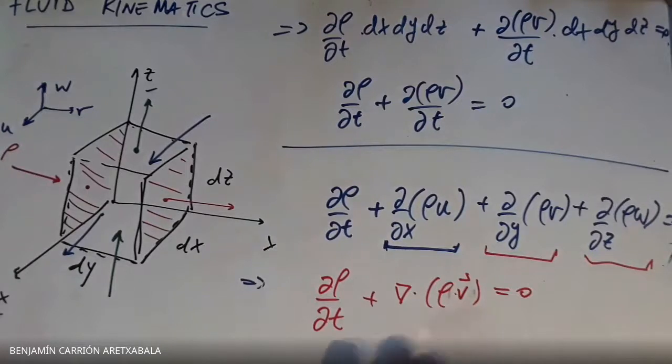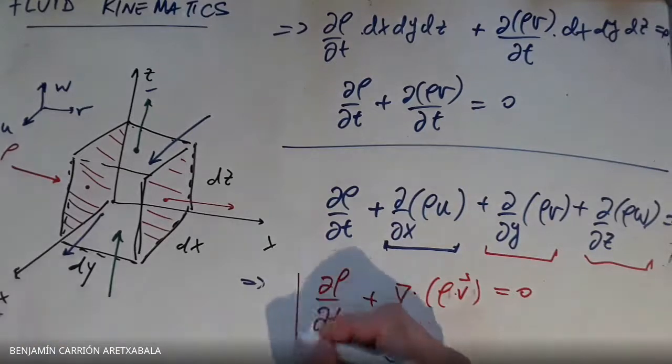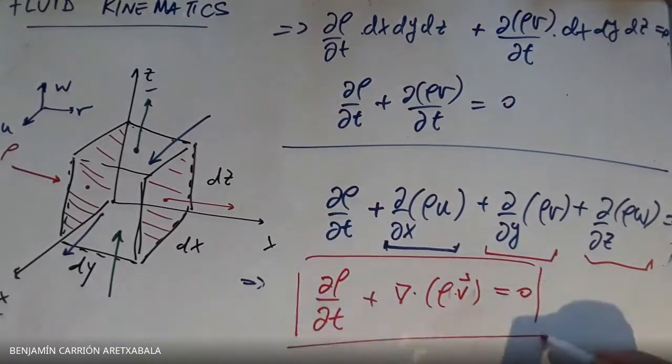The advection is nothing more than the transport of mass through the boundaries of your control volume. Okay, it's a pretty important equation. It's going to be the basis of the Euler equations and the Navier-Stokes equations and the Bernoulli equation. So this is pretty important.